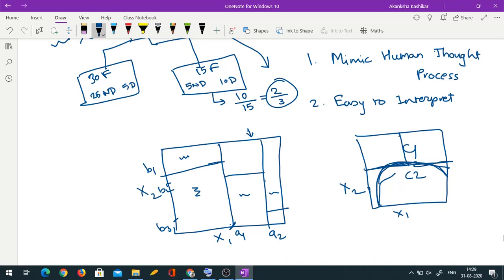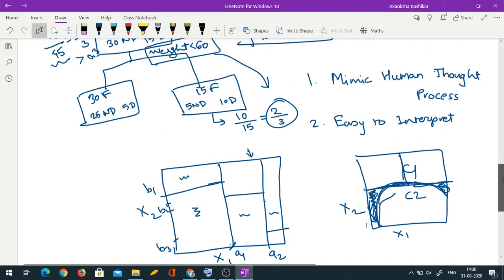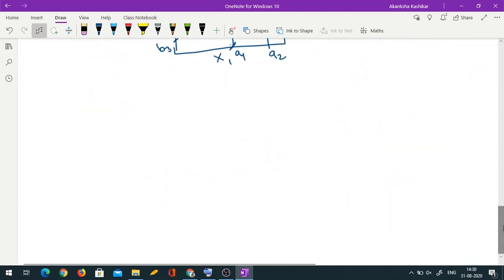So this is one split, this is another split, but then you will have these as misclassified observations. So trees are constructed on the basis of binary splits, and that too on the basis of one variable at a time. Hence they do have their limitations, but as I said, they are easy to interpret and mimic the human thought process, so they are used a lot.